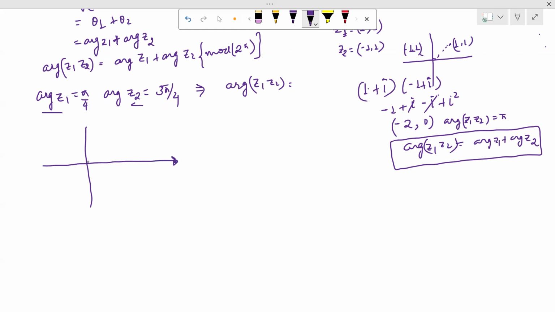Let's say one number I have is (1, 1), and another is somewhere here.